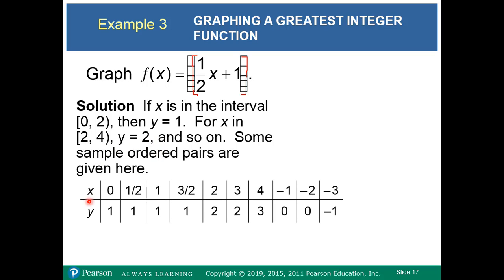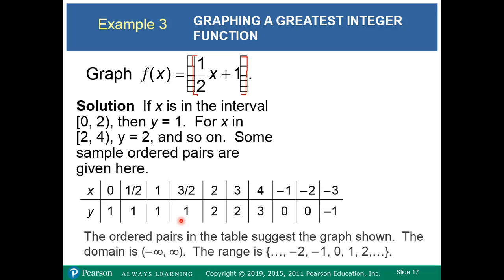So if you make a table of values, here's all the x values that they chose, and you write out the corresponding y value, f of x, then you're going to get all these values here. So you get 1s for all these, 2s, 3, and so on and so forth. And so you see the pattern.